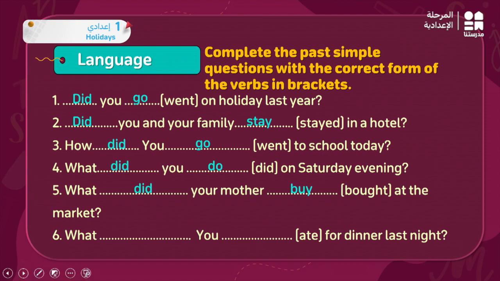No, of course, since I put the auxiliary verb did, I have to use the basic form of the verb ate, which will be eat. So, what did you eat for dinner last night? I think now you are able to form a question in the past simple tense.